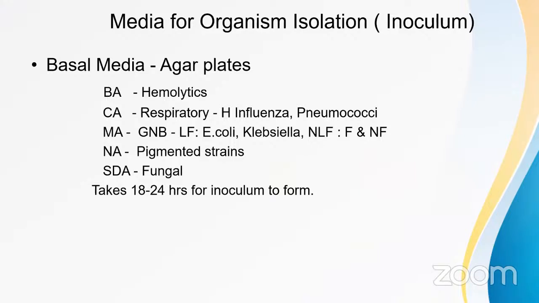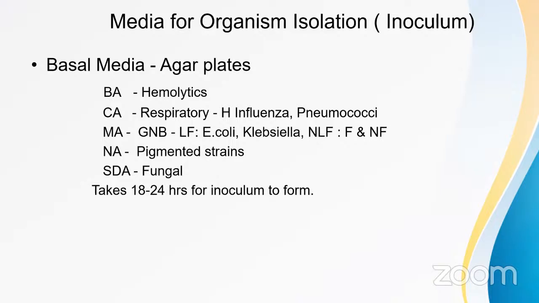The agar plates used to grow the inoculum are of different types: blood agar, chocolate agar, MacConkey agar, nutrient agar, and SDA agar. These are used depending on the type of sample or whether it is gram positive or negative.